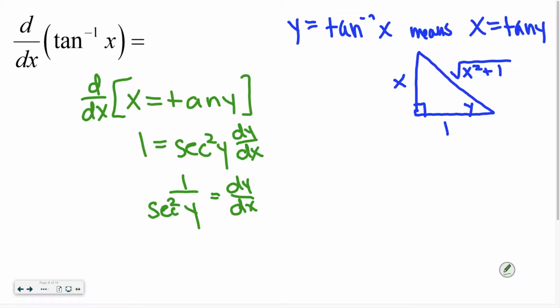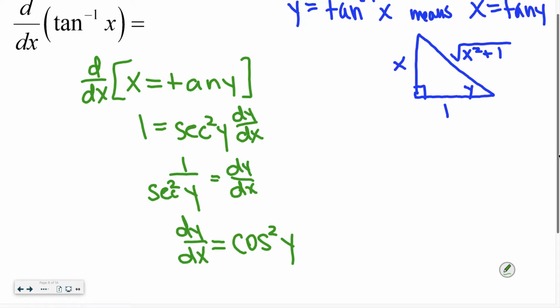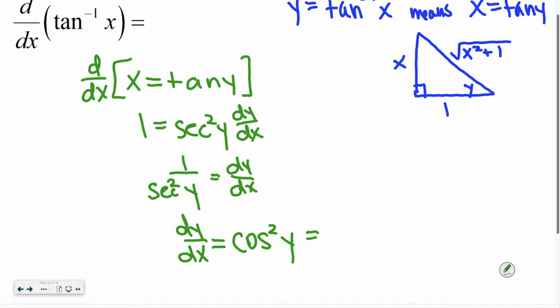But let's talk about what it means in relationship to the triangle that we drew. I'm going to flip-flop this here. dy/dx is 1 over secant squared, do you agree, which is the same thing as cosine squared y? Yes. Well, let's look at our triangle over here. Here is y.